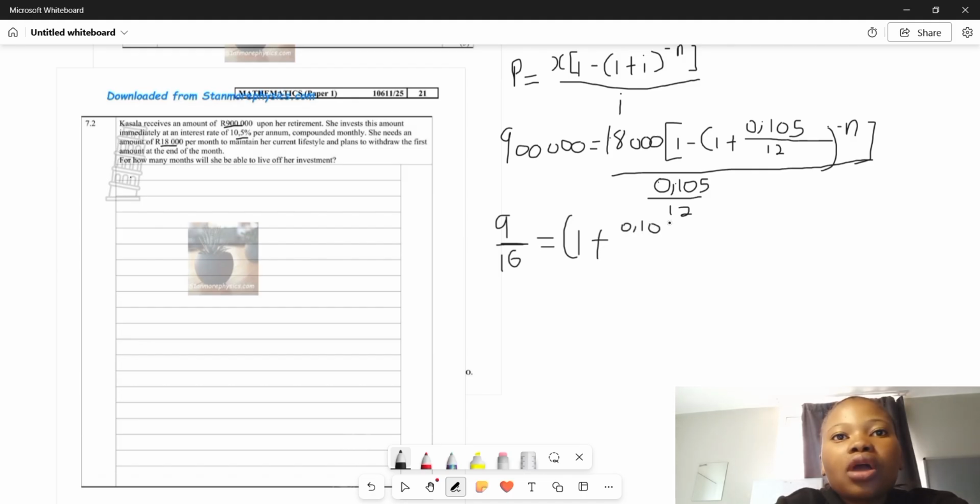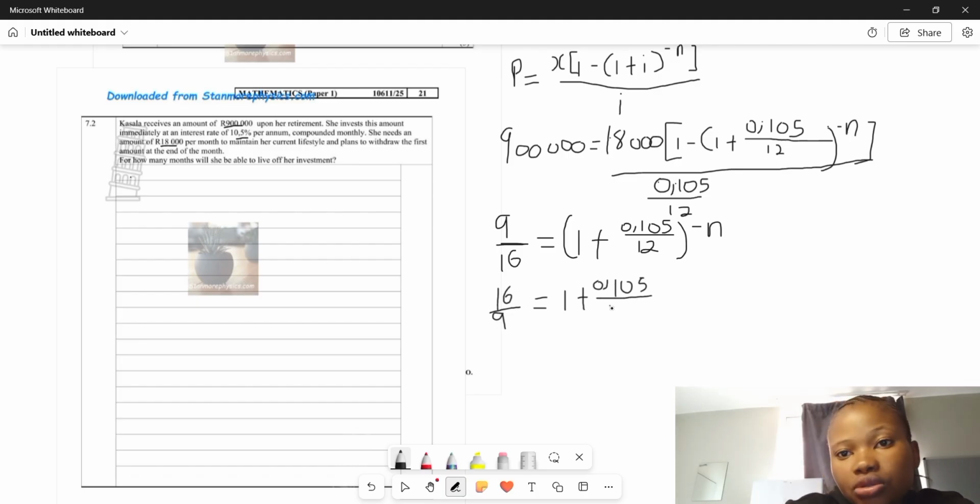So now we are going to solve for n. We will firstly try by all means to make it as simple as it could be. So we have 9 over 16 equals (1 plus 0.105 over 12) to the power of negative n. Now when we simplify further, this is where we introduce the log.